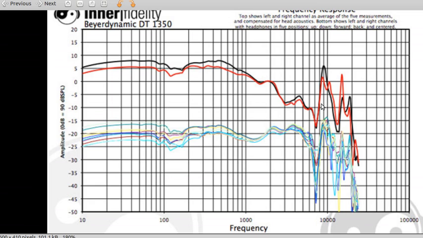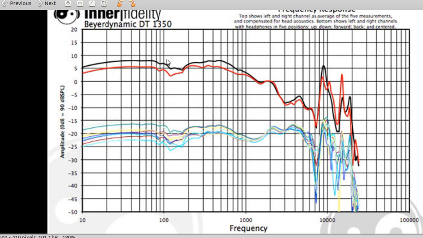If we look at the frequency response curves for headphones purposely used in-house, such as the Sennheiser HD800 or 650, or Beyerdynamic 880, 770, they will give a much better frequency response chart.